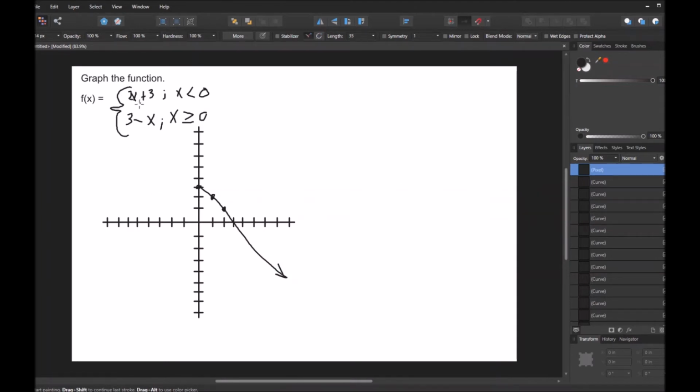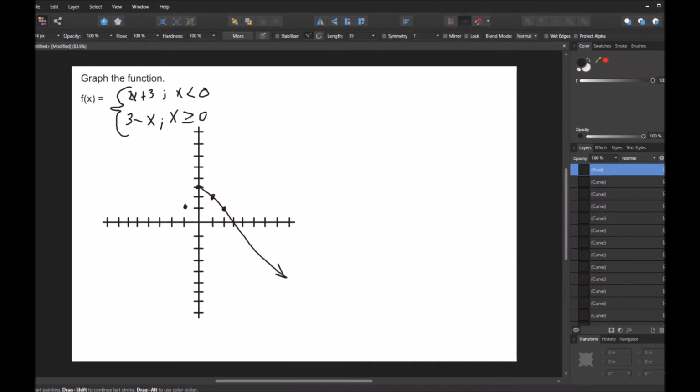Now for this one, 2x plus 3, if we plug in -1 for x, 2 times -1 is -2, plus 3 is 1. And then if we plug in -2, 2 times -2 is negative 4.